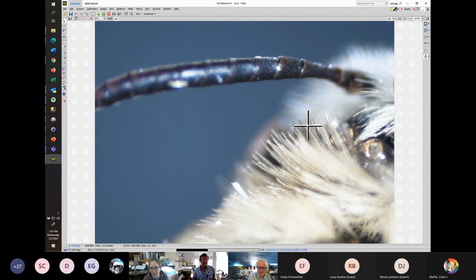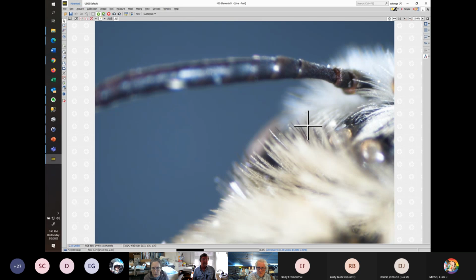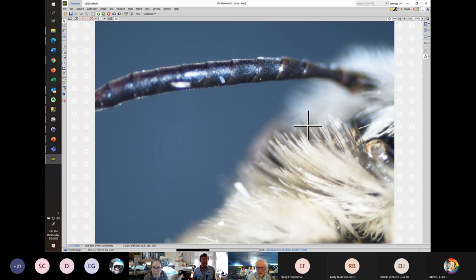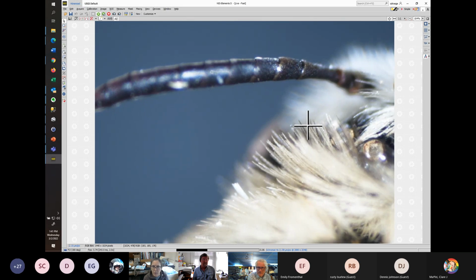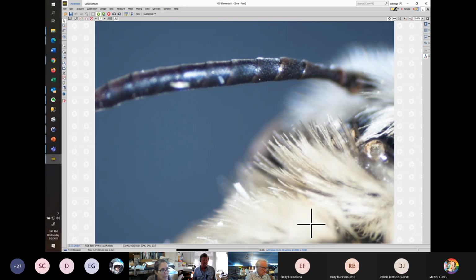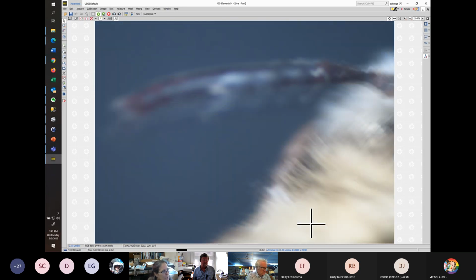Yeah, so that looks way darker than most that I know. Maybe it's just hard to see on the camera, but usually the underside of the antennae are quite light colored, orangish.